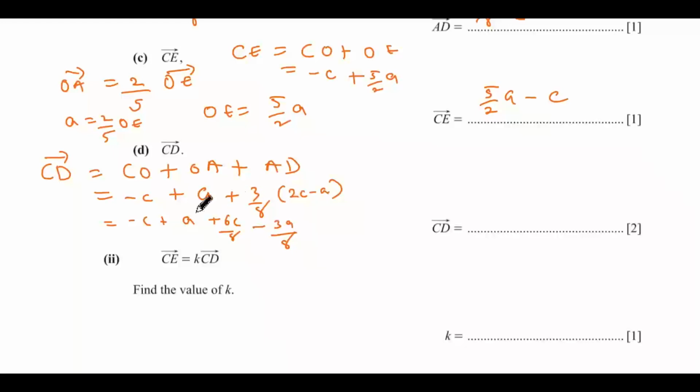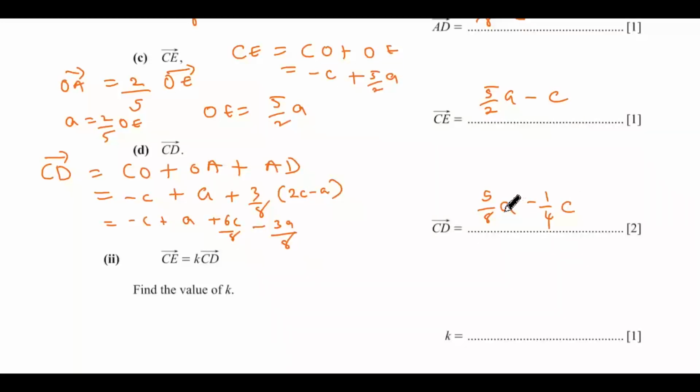And if you add a minus 3a over 8, that will give you 5 over 8 a. Then if you add minus c to plus 6 over 8 c, that will give you minus 1 over 4 c.